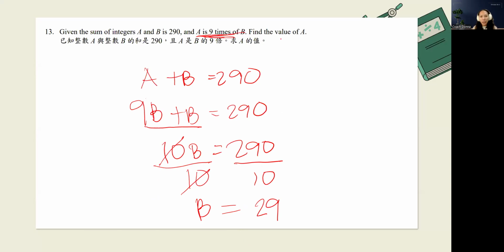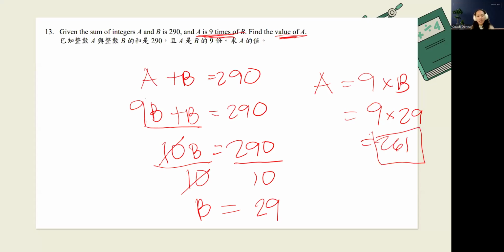But remember, we're not looking for b, we're looking for a. But you know that a is 9 times of b. So, you know b is 29, so you just have to multiply. 9 times 29 is 261. This is now our answer.